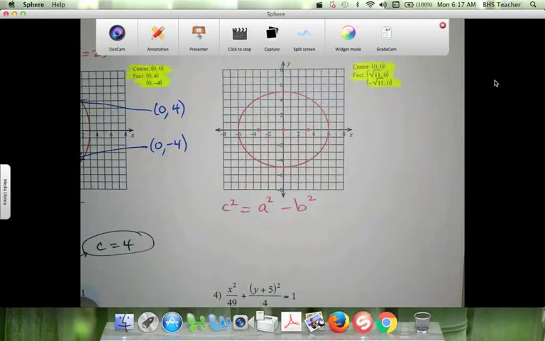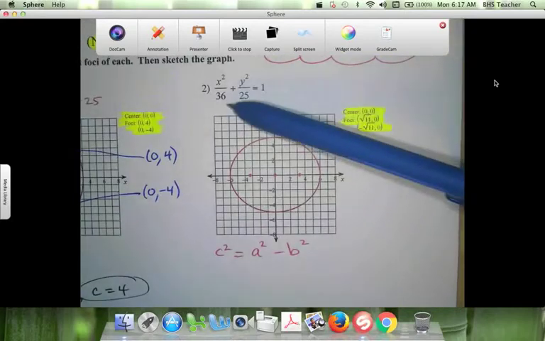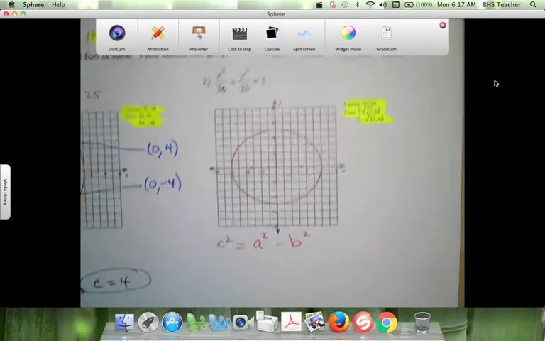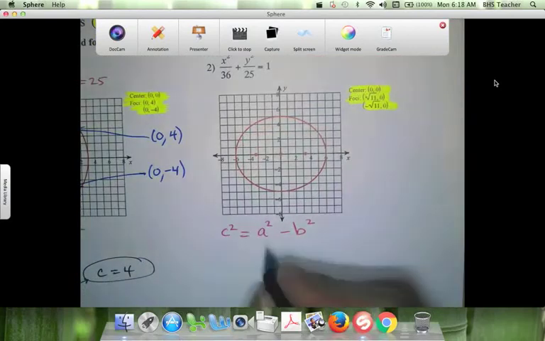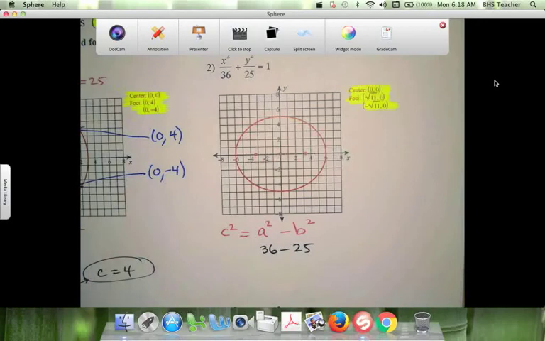And remember, a squared is the greater of the two. So it's going to be 36 minus 25. 36 minus 25 gives you 11.